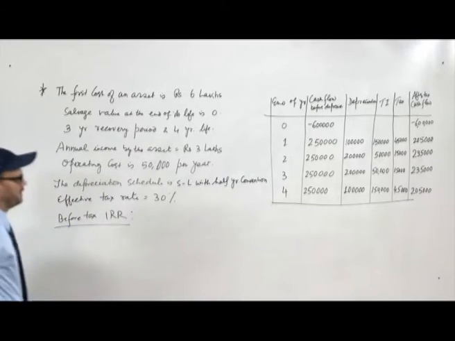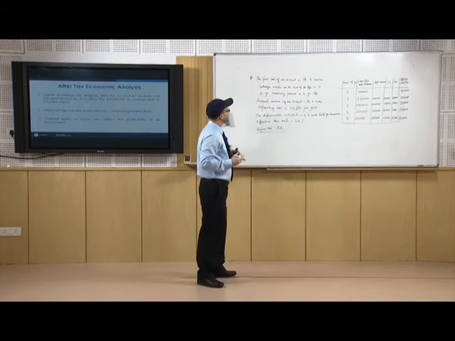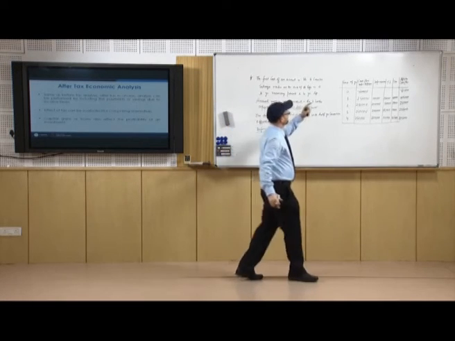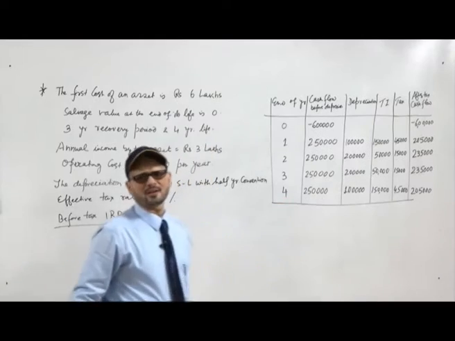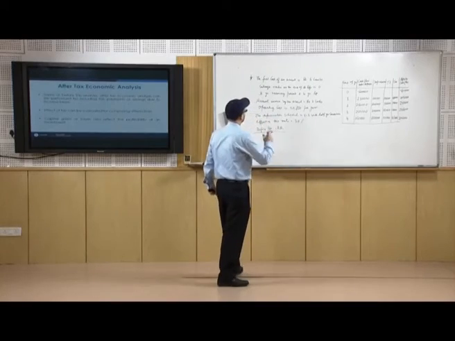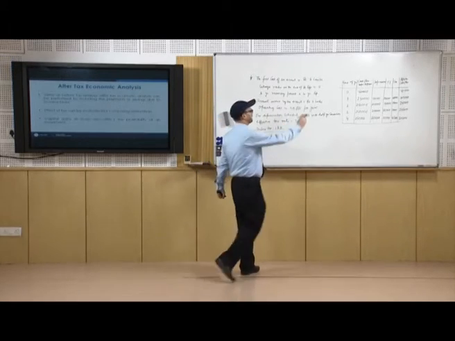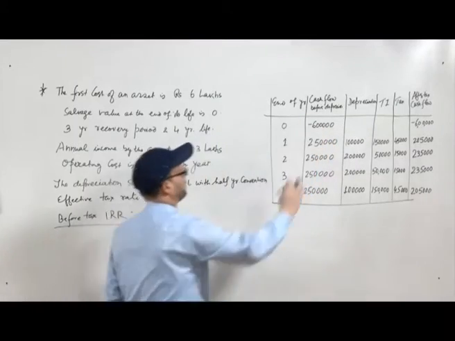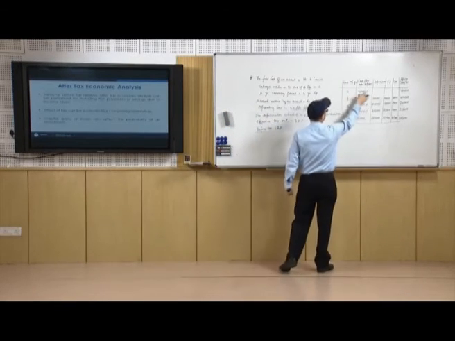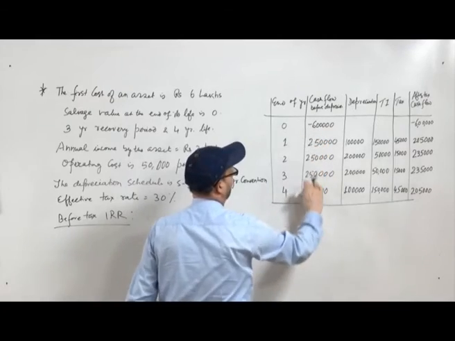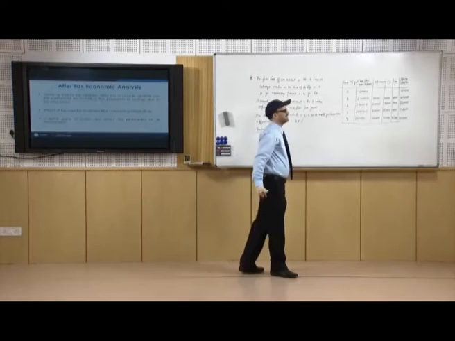Before tax you have to equate the present worth to 0 for this cash flow. The present worth of these 4 cash flows should be equal to 6 lakh.